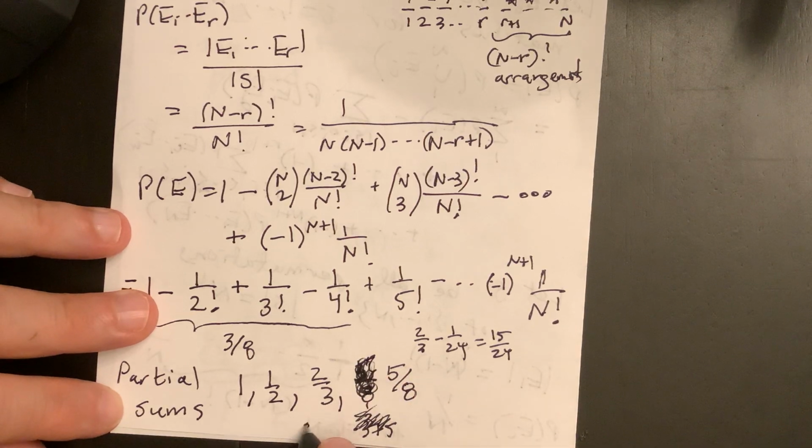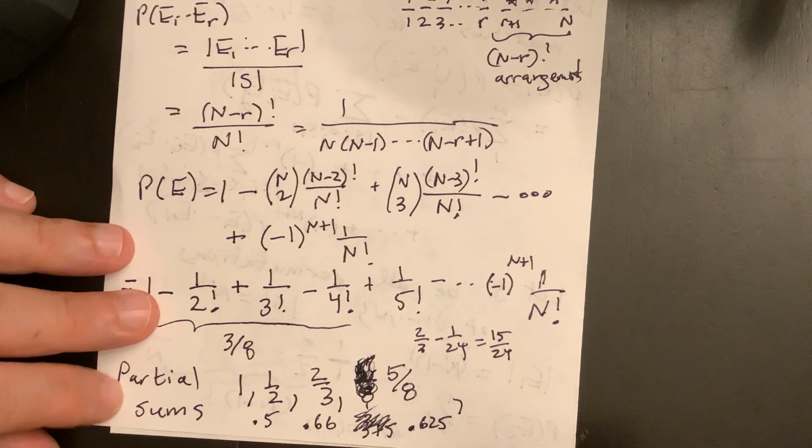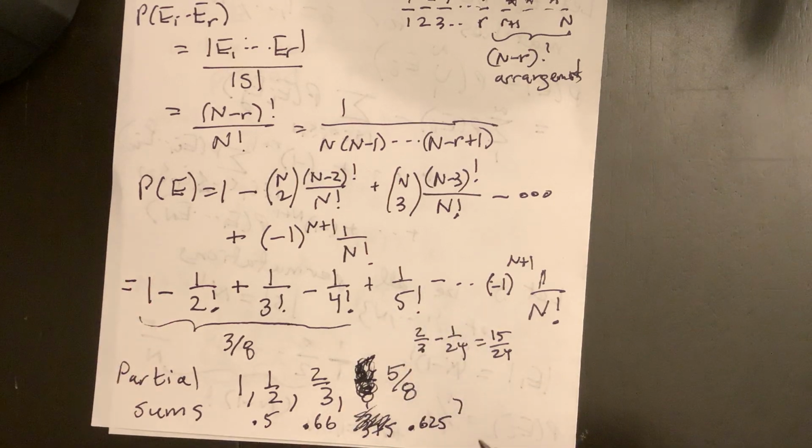Okay, so this is 0.66. 0.5 goes up to 0.66, goes down to 0.625 here. And then we'll come back up. So the next one, I add 1 over 120 to this.